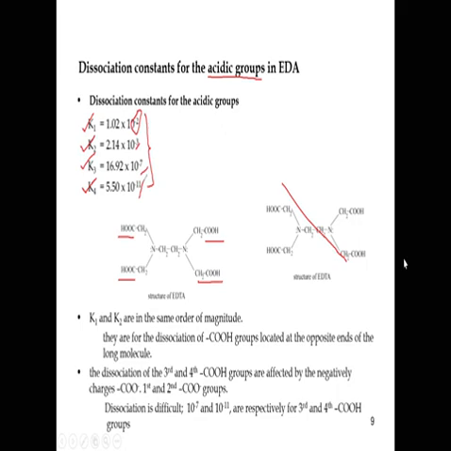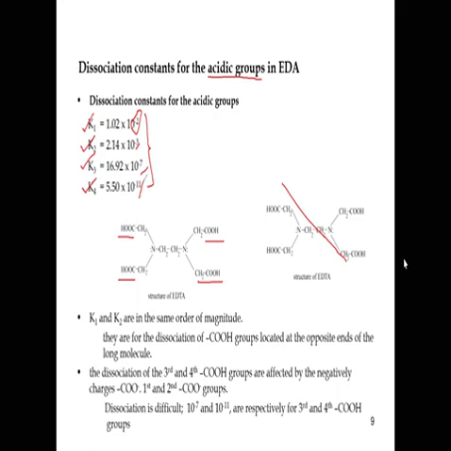So these carboxylic groups in fact behave like weak acidic groups, right? They are not strong acidic groups. They are weak acidic groups.